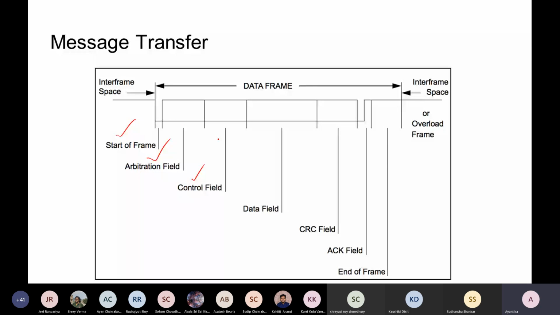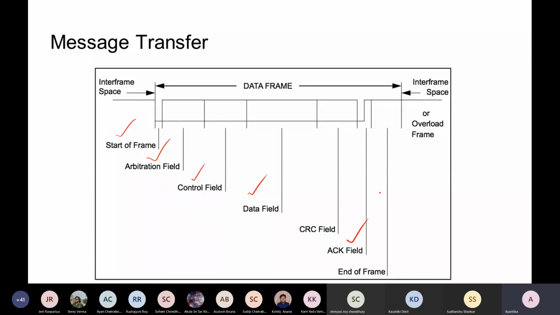Next is the control field. The control field controls the number of data bytes we can send in the data field. The data field sends the actual message in the form of dominant and recessive signals. Next, CRC, I will come to that. This is the acknowledgement field.